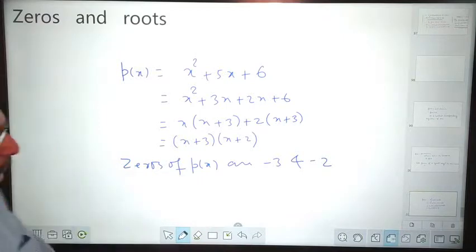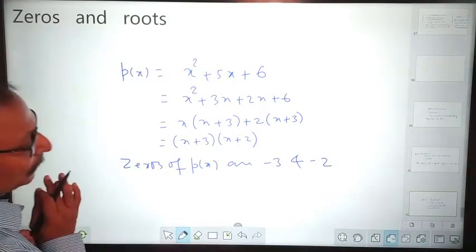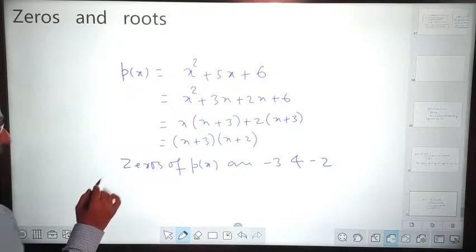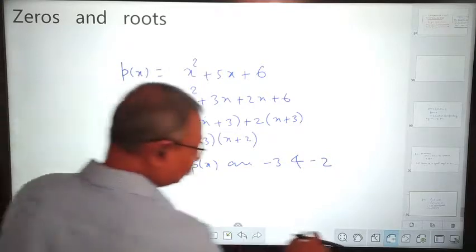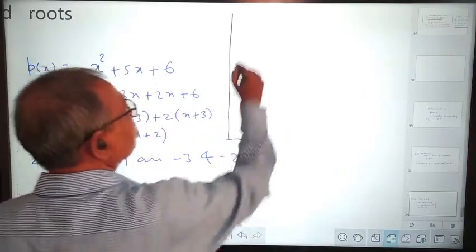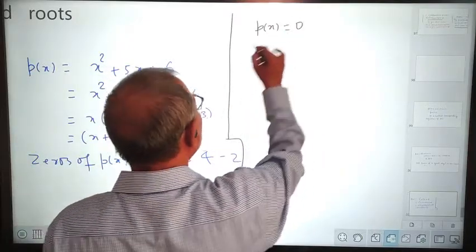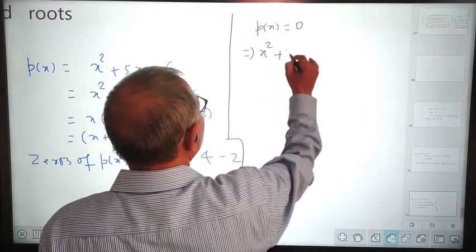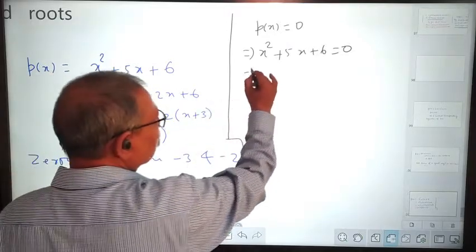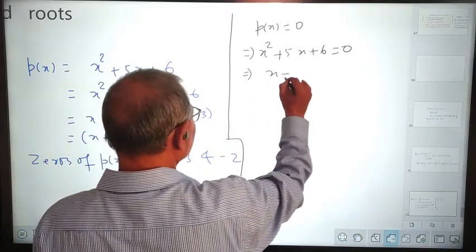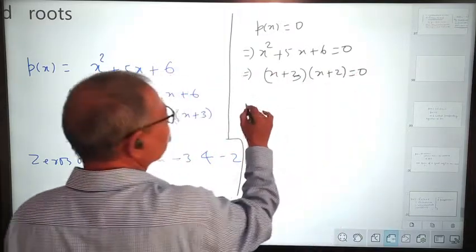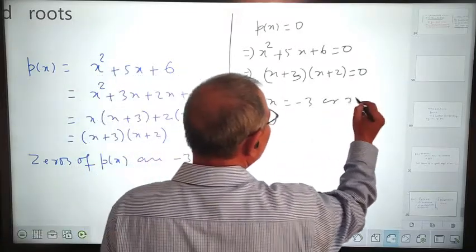And now if the zeros of the polynomial are -3 and -2, then if we want to write the polynomial equation P(x) = 0, it means we are writing x² + 5x + 6 = 0. Clearly, with the help of this calculation, we can easily write (x + 3)(x + 2) = 0, and therefore we say x = -3 or x = -2.